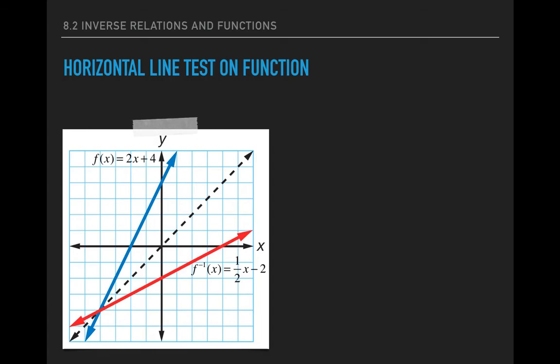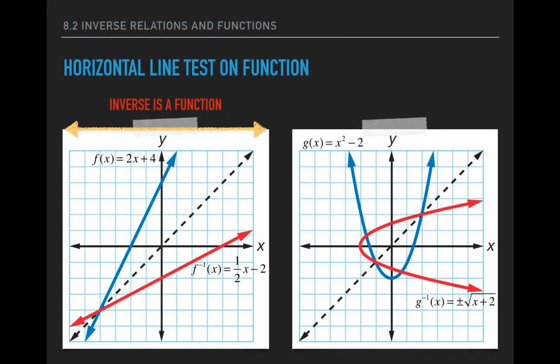Well, you could determine it just by looking at the original. If I run this horizontal line across that blue graph, it was only touching one point on that blue graph at a time. Because of that, we know that the inverse is a function. You wouldn't even have to graph the inverse if you knew the graph of the original.